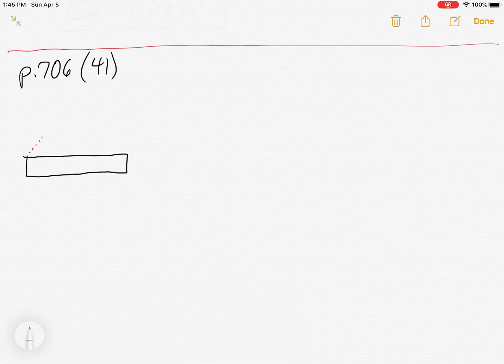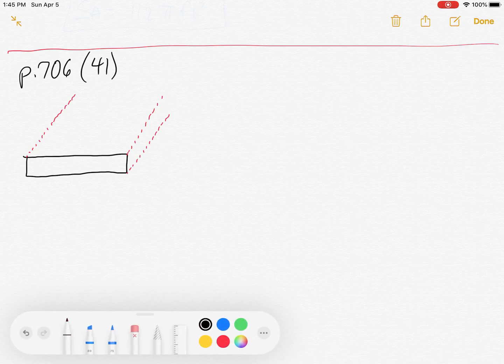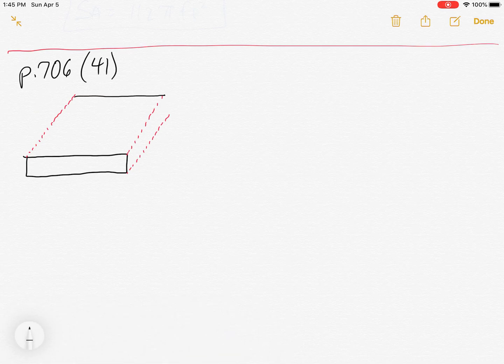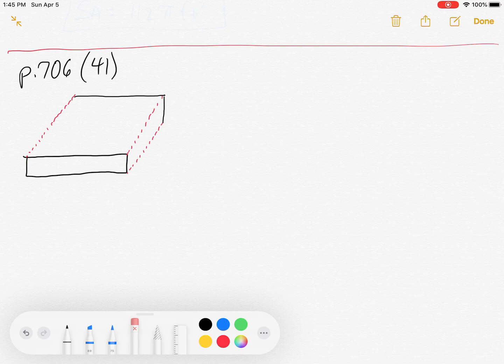And this is a real challenge to draw, but I'm going to do my best. So you might fast forward me here to get to the end of this. Should be straight down. How does that look? So this goes out here.